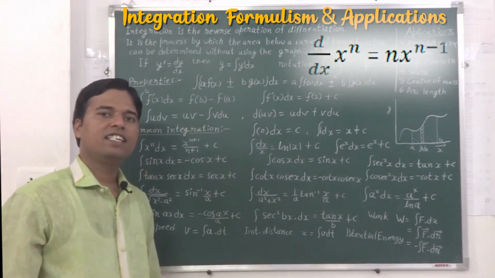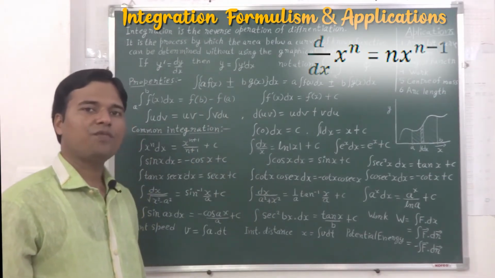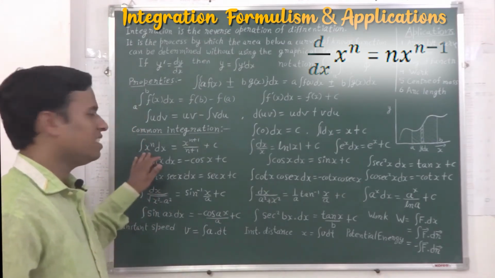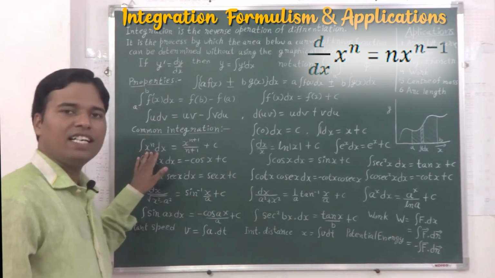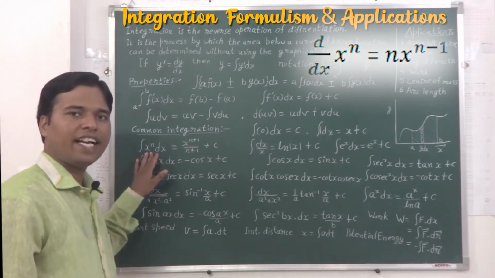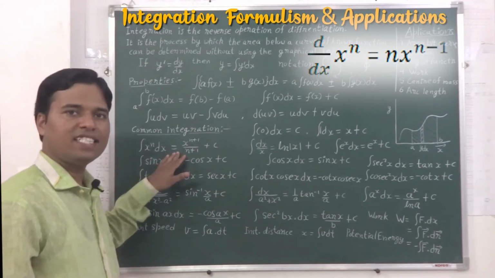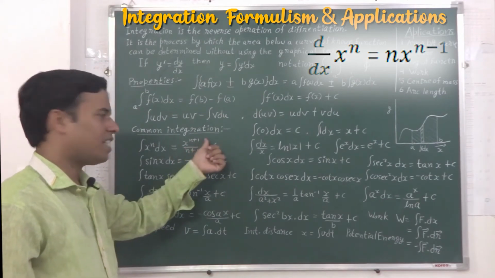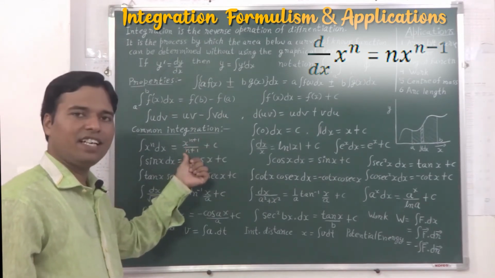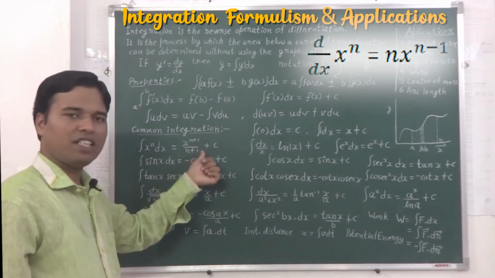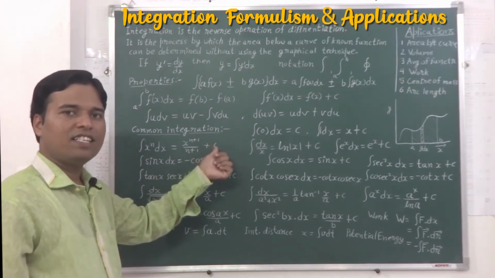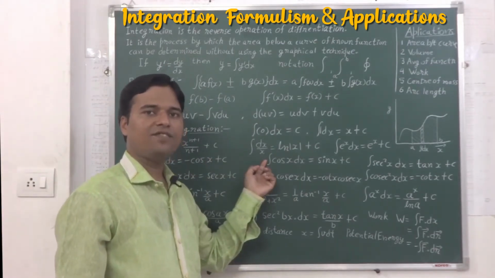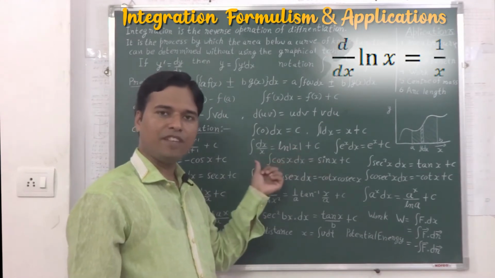You have learned the derivative of x power n. In the reverse process, you will get the formula for the integral of x power n with respect to x: x power is increased by 1, so x power n plus 1, divided by the same value n plus 1, plus the integration constant. If we take the derivative of natural log of x, you will get 1 upon x.